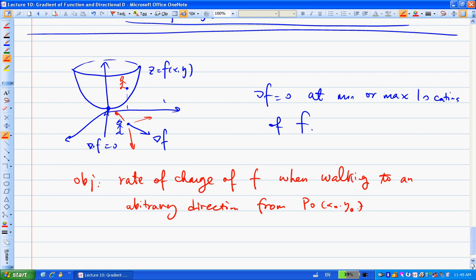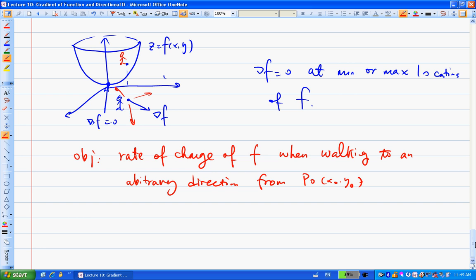I'm using a function of two variables, for example. So I'll ask this question here. Let me re-sketch it and look at this question, or try to solve this objective.